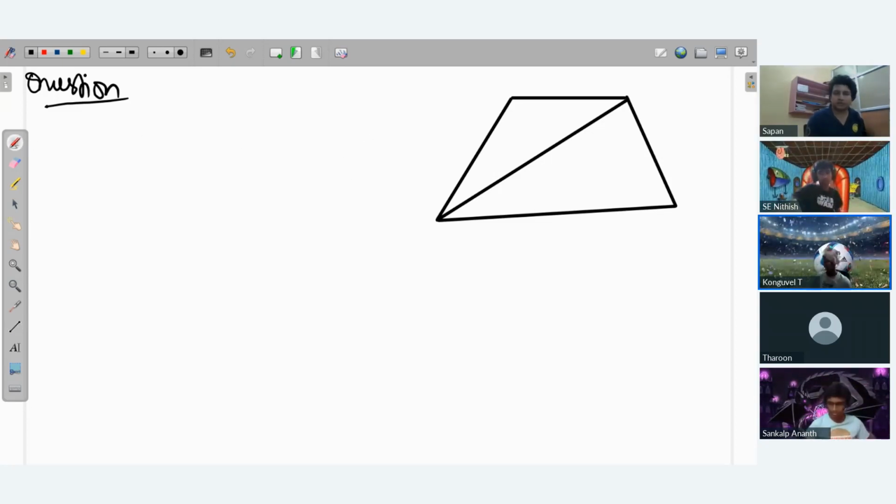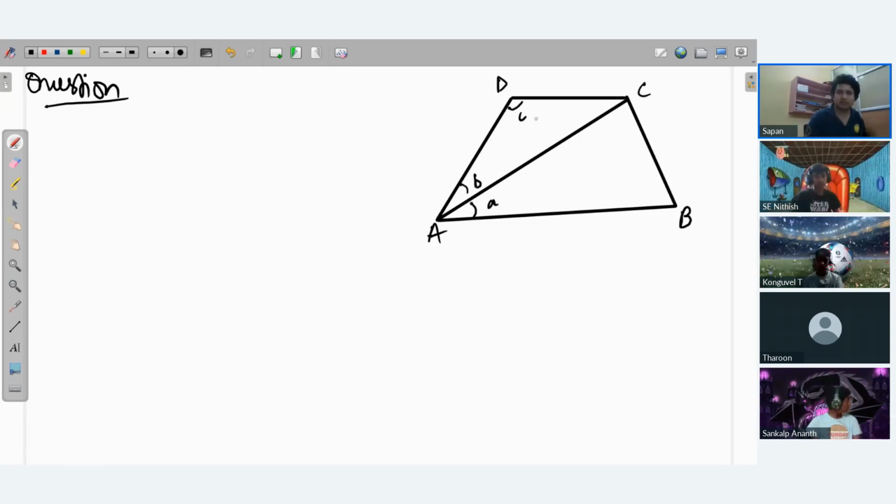Okay. Always this has doubts. We have A, B, C, D, and we have angle ABC, 80 degrees. So this is A, this is B, this is C, and this is 80 degrees.